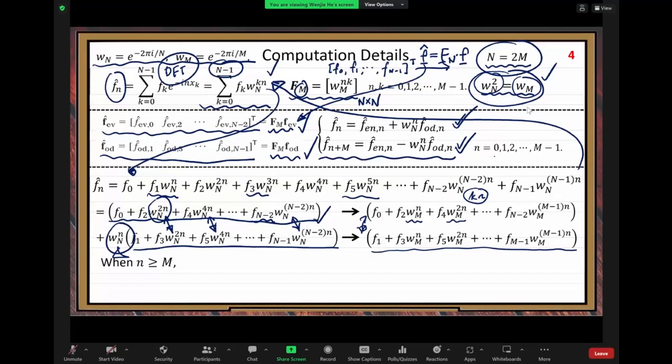Little n, we only consider the range for the subscript little n in the first half, from 0 through capital M minus 1. We do not consider the second half, because if we just use little m plus capital M, we can easily get a copy of the second half.